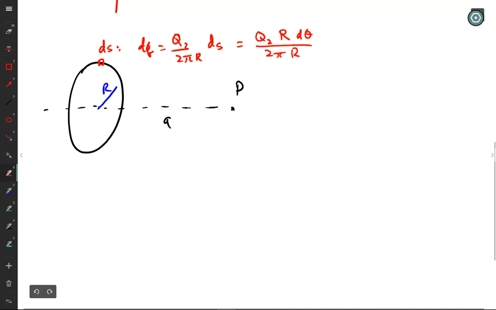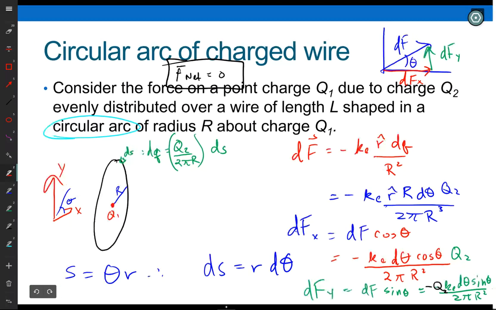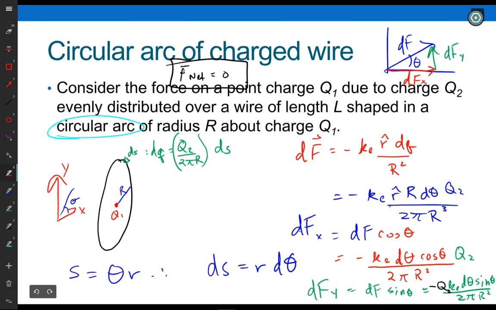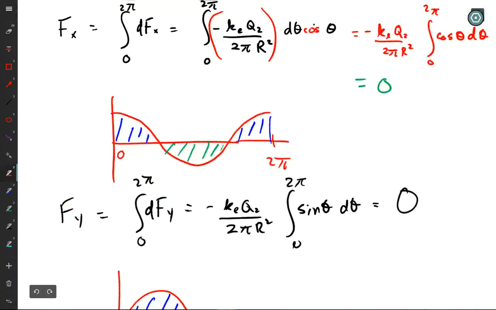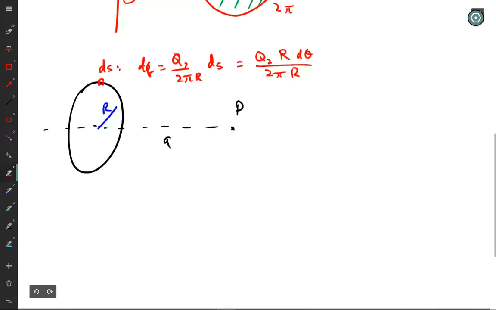Did I make a mistake with my R's? Over 2 pi R. Yeah, no, I didn't. Okay. I just get worried. I don't like mistakes. After class, if I find I made a mistake, I'm really embarrassed. It's better to correct it during class.